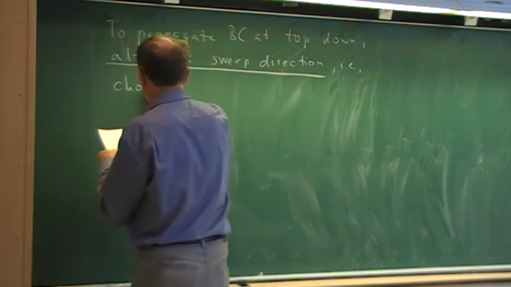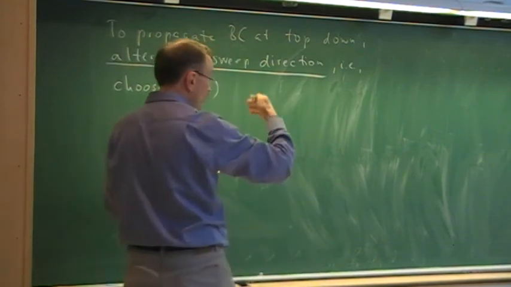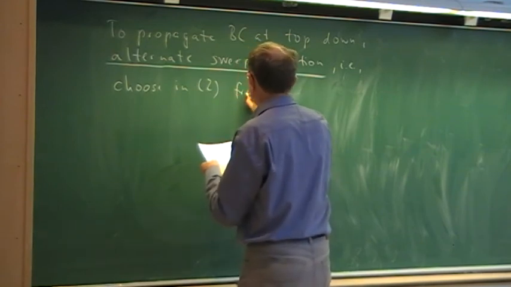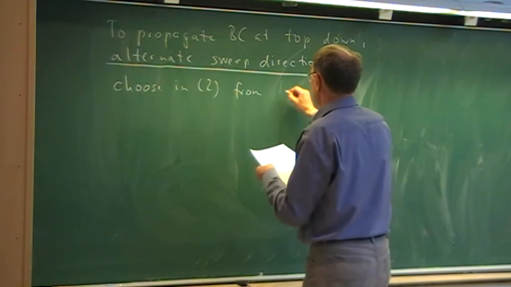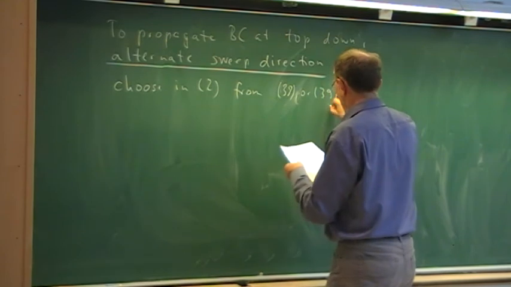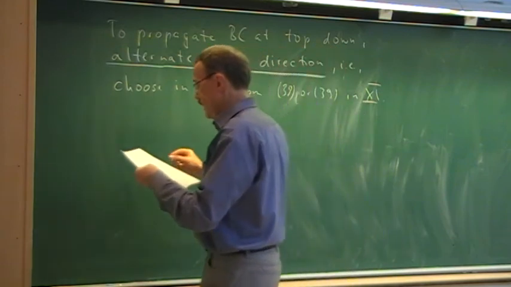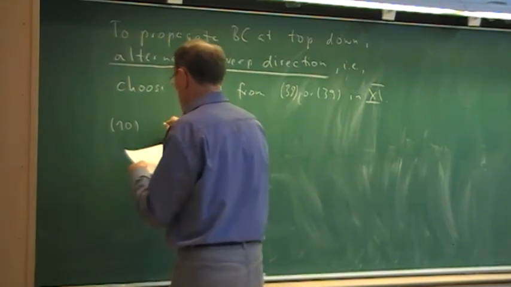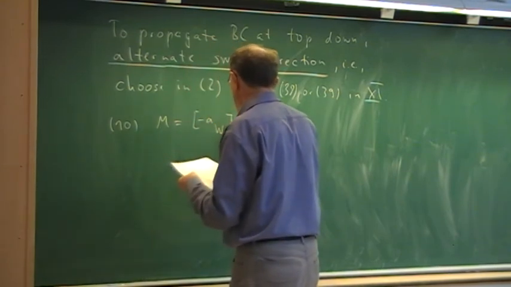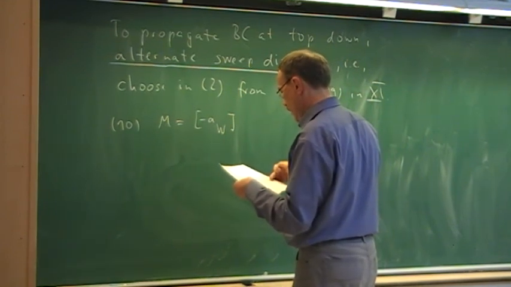We choose in our iterative method, where we distinguish between the m at the new iteration level and n at the old one, we choose from, say, 38 or 39 or 40 if you like, in chapter 11, the following. We choose m now to be containing the minus AW. That is now the catch.